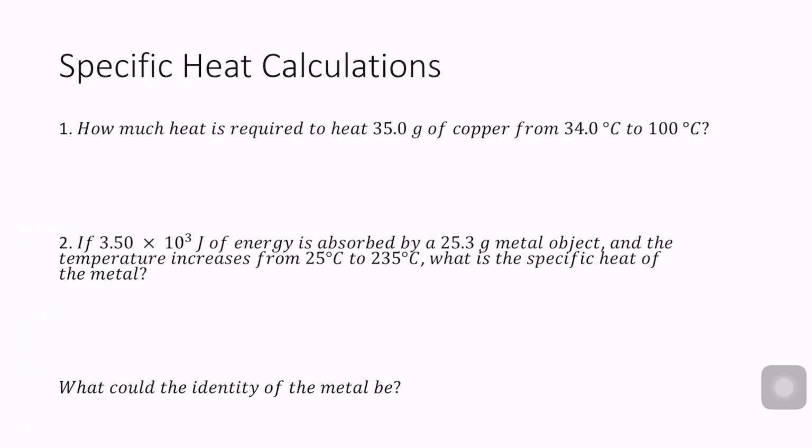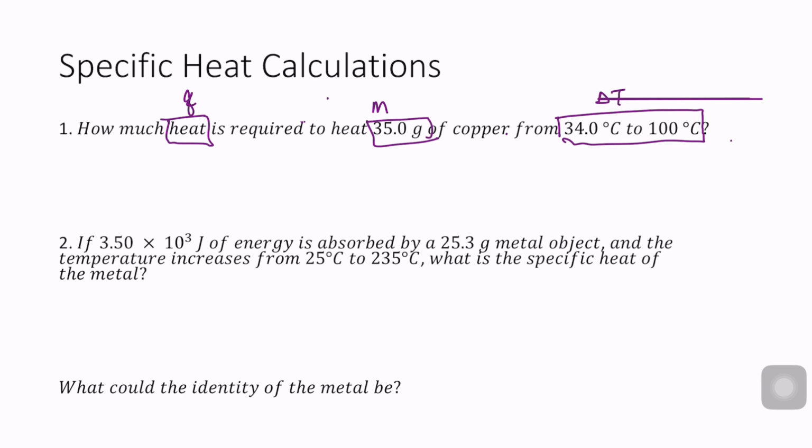So let's get some practice using specific heat. In this first example, it says how much heat is required to heat 35 grams of copper from 34 degrees Celsius to 100 degrees Celsius. Where it says how much heat, this tells me that I need to solve for Q. 35 grams, that is my M. And then I have delta T because I have a change in temperature.